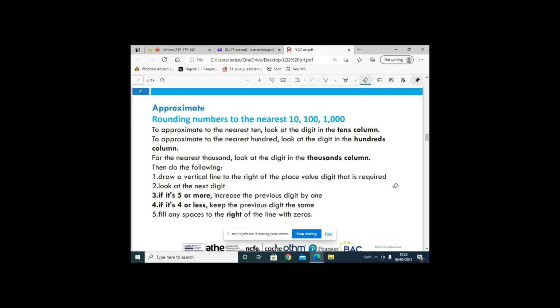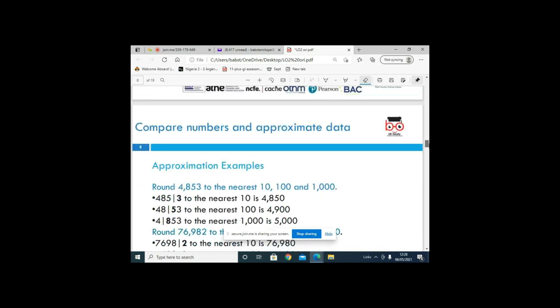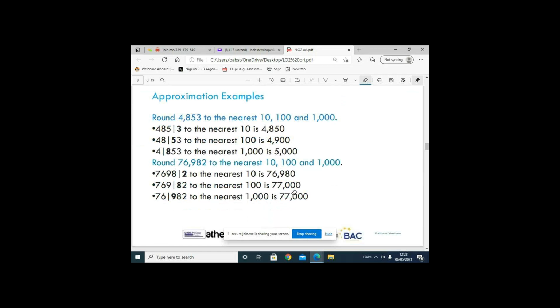So if it's 5 or more, increase. Let's look at a typical example so you can understand what I'm talking about. Looking at this first example, it says round the following to the nearest 10, 100, and 1,000. They gave the number 4,853. That tells you that this is the 1,000, 4,000. Then 800, this is the 100.